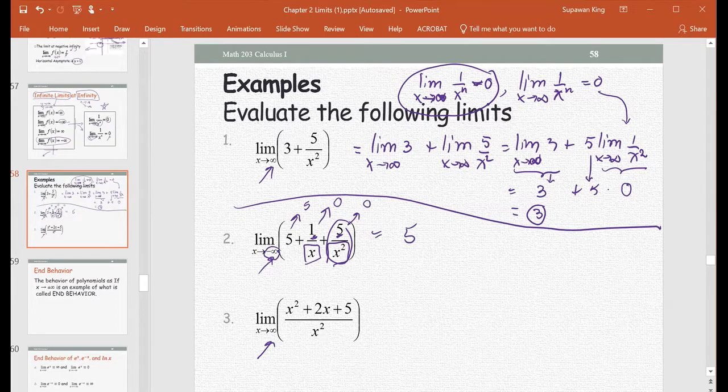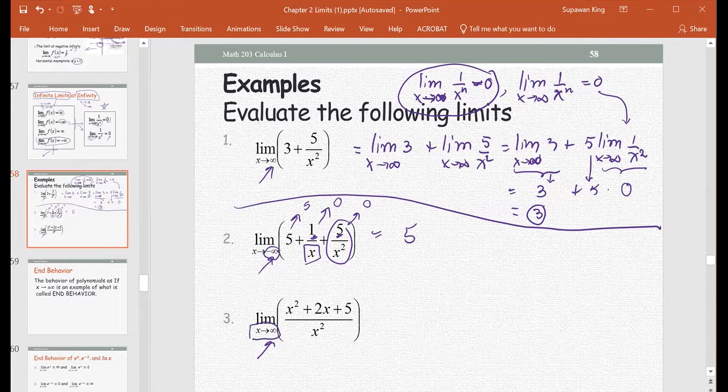Okay, all right, number 3. What do you think? What can we do? Number 1 and number 2 didn't look that bad, right? Number 3, how would we work on it using a similar concept to what we did in number 1 and number 2? The limit at infinity, as x approaches infinity.